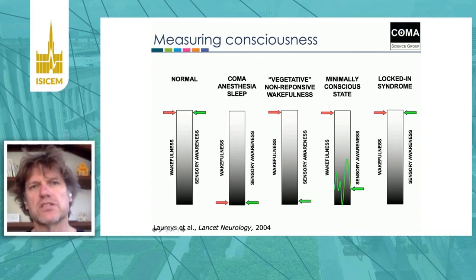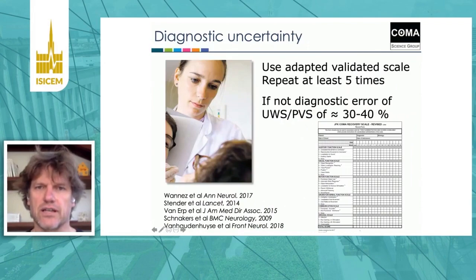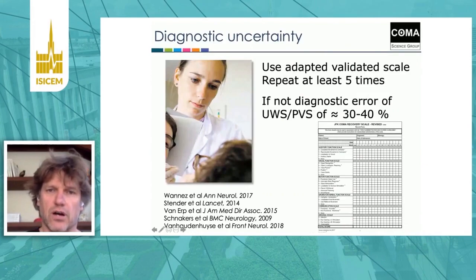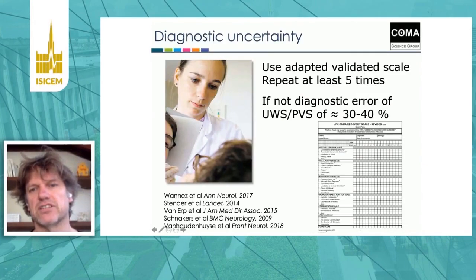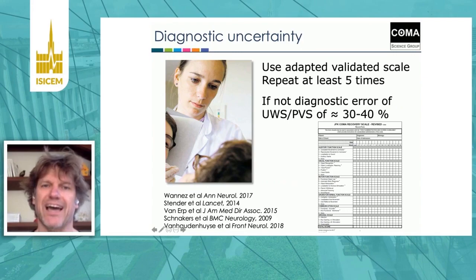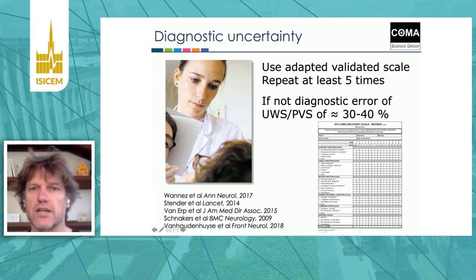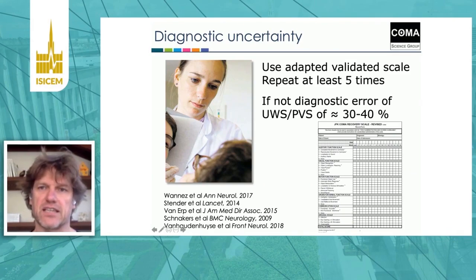The diagnosis can be uncertain, and that has been repeatedly shown that for unresponsive wakefulness, what we used to call persistent vegetative state, if we're not careful, there is 30 to 40% of the patients actually in a minimally conscious state. And we just miss it when we don't use the adapted, validated scales.